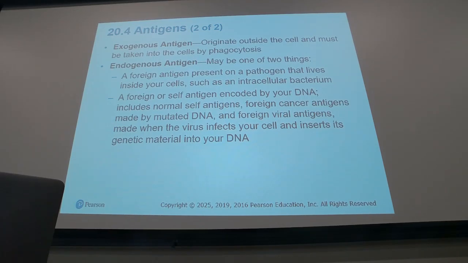Endogenous antigens can either be a foreign antigen present on a pathogen that lives inside your cells, like intracellular bacteria, or can be a self-antigen that changes its shape and then becomes foreign, or can be foreign cancer antigens made by a mutation in the DNA, or a foreign viral antigen.